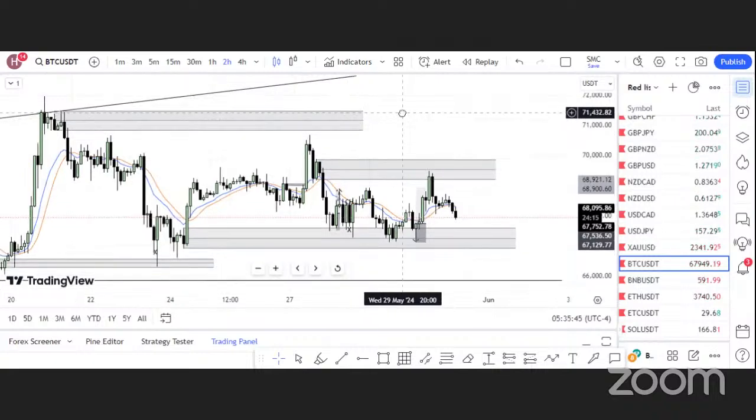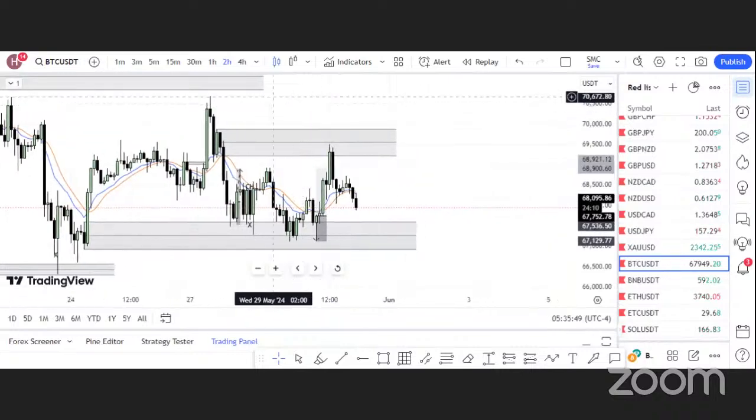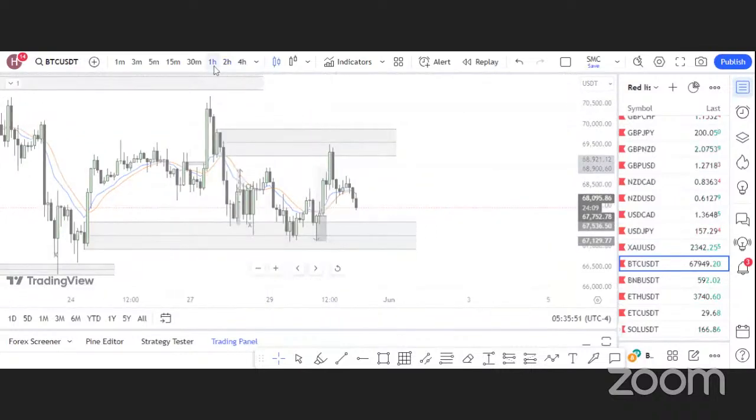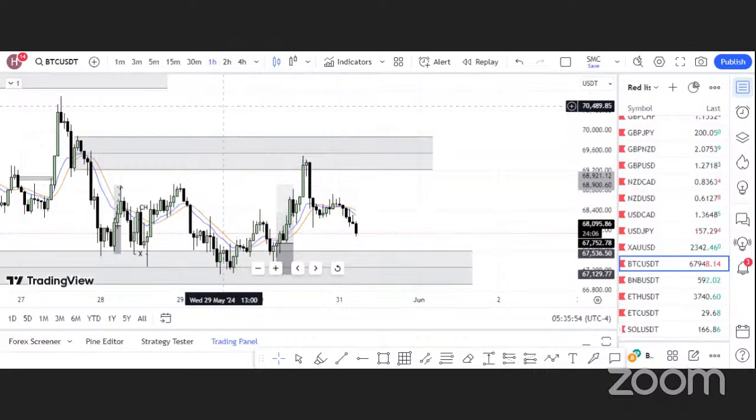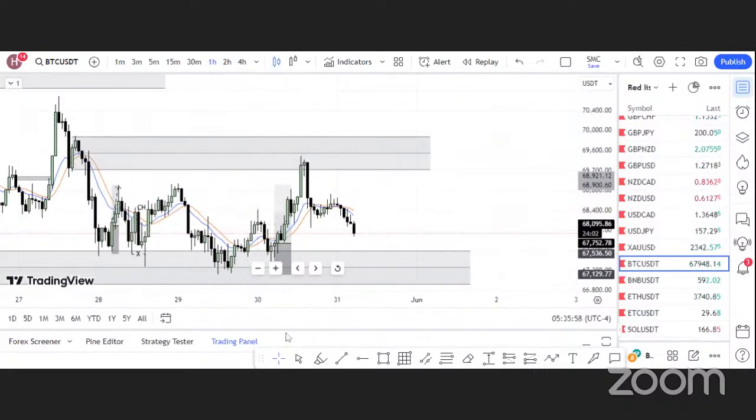BTC USDT, 2 hour time frame. Now let's go down to the lower time frame. Let's see if we can get a chance.